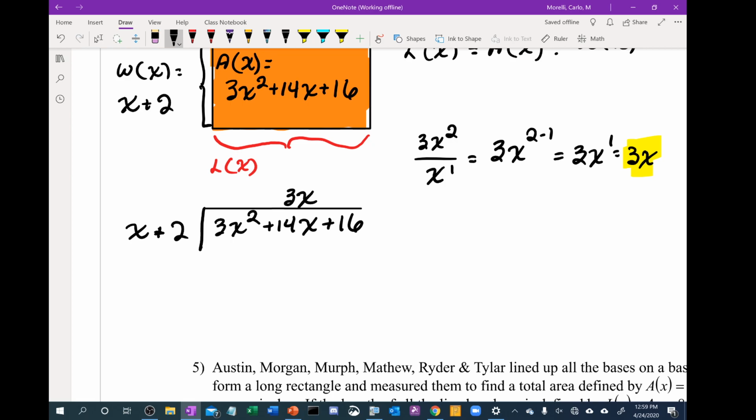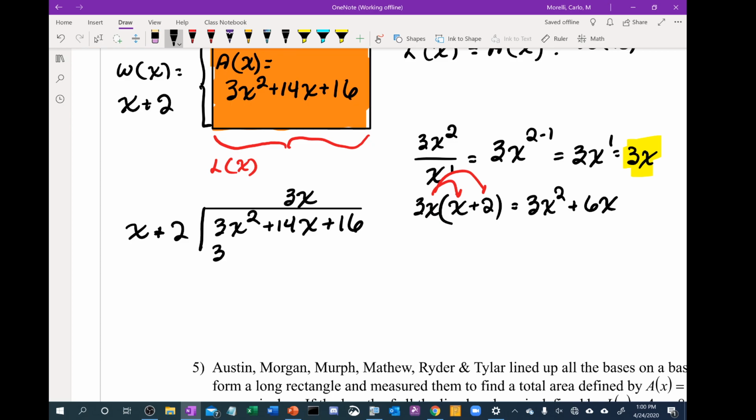Then we multiply the quotient term by the entire divisor. You always multiply the quotient term by the entire divisor. So that gives us 3x multiplied by x plus 2, this binomial here. And that is distribute multiply. 3x times x is 3x squared. Plus 3x times 2 is 6x.